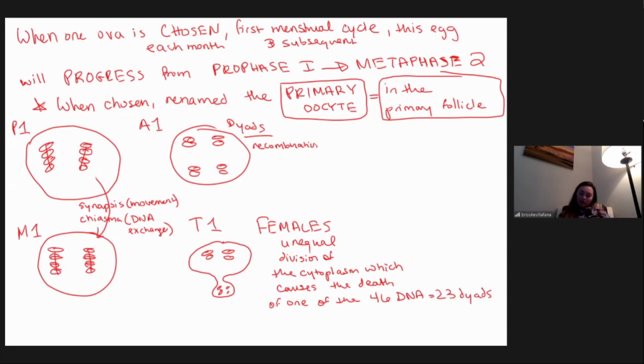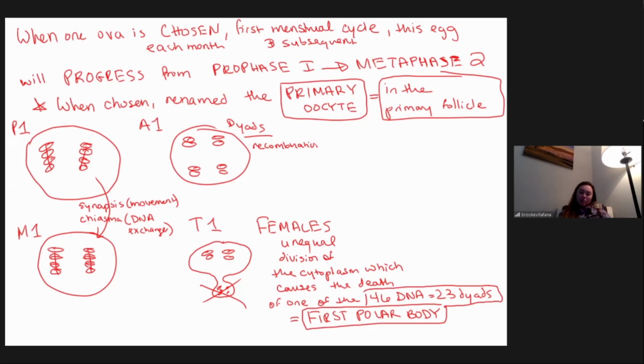So one dies, and this is the first polar body. So on the test, what is the first polar body? The first polar body is formed right here in telophase 1, and it has 46 DNA strands or 23 dyads.